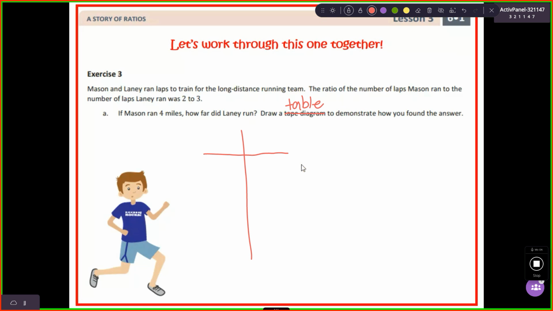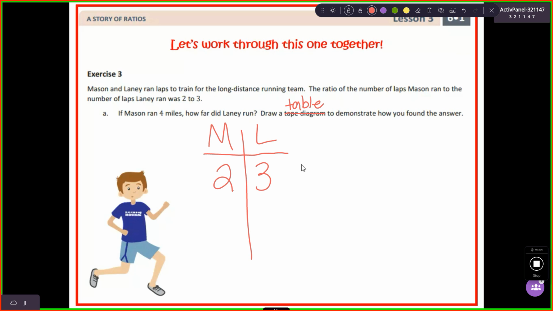Anyway, Mason and Laney ran laps to train for the long distance running team. The ratio of the number of laps Mason ran to the number of laps Laney ran was 2 to 3. So here we're talking about Mason to Laney. And what is Mason to Laney's ratio? 2 to 3. That's what I know. Put that down. There's also a little bit more that I could add to this table.